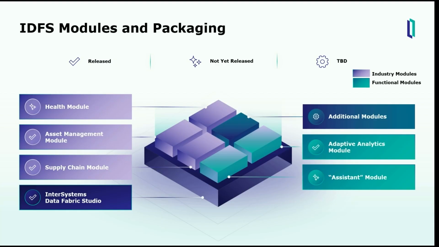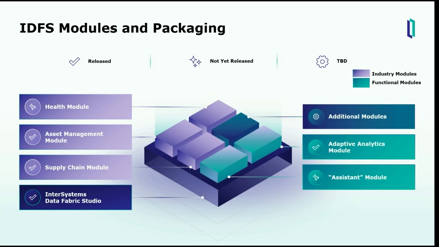The industry-specific modules, we have one for supply chain, and I'll talk about that, one for financial services asset management, and also healthcare, or the health module that will be rolling out shortly. Everything else is released. And then we also have functional modules. So we have the adaptive analytics module. If you're familiar with what we've done with IRIS, with the at-scale implementation for the semantic layer, you saw that in the demo.